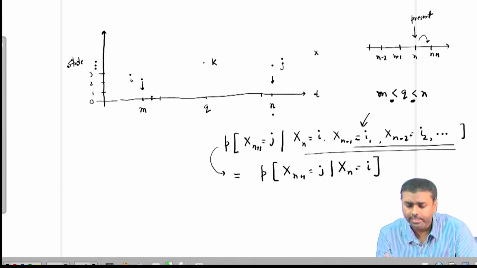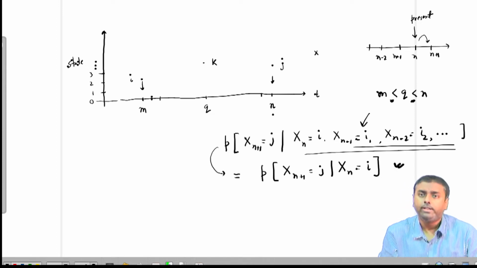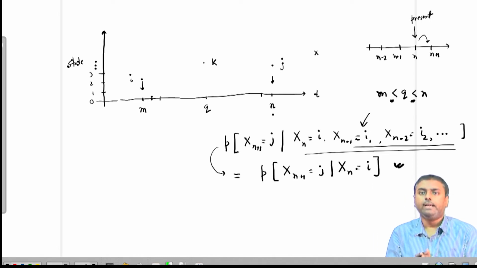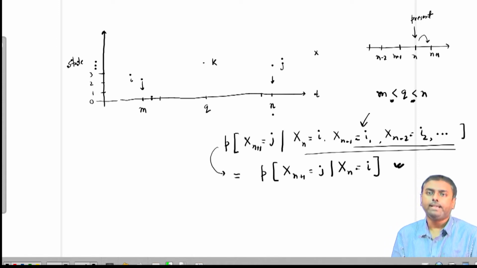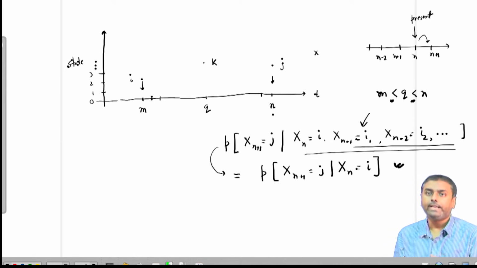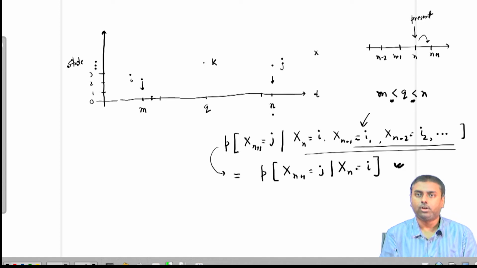These kinds of things are called Markov processes. It is a special kind of random process. You might be asking whether this is different from whatever random process we have so far understood, like Gaussian noise or the AWGN process you have talked about.